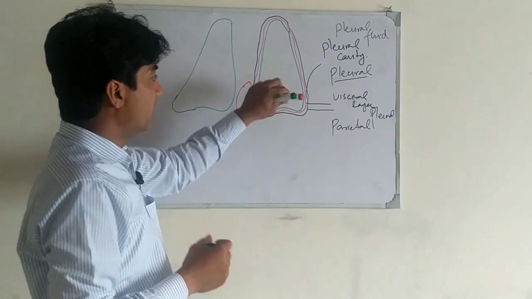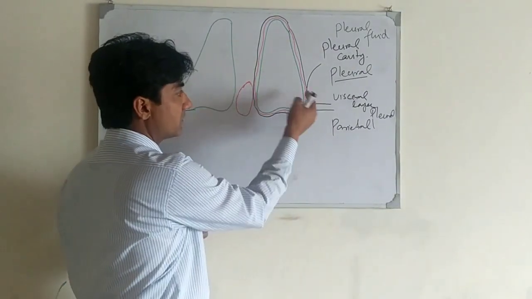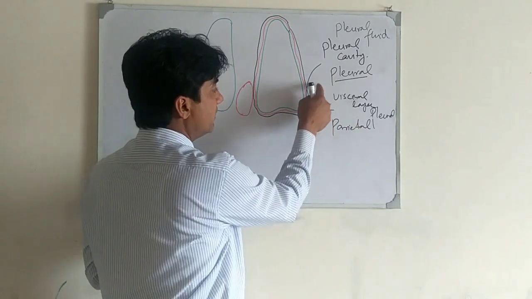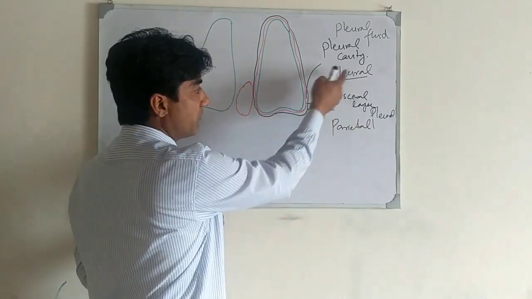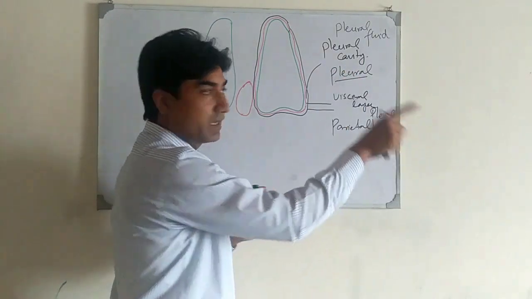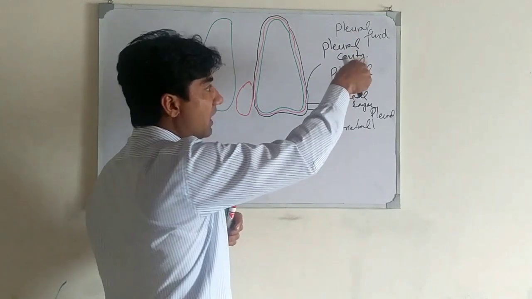Two membranes cover the lungs, visceral and parietal, and between them there is a space called the pleural cavity, with a fluid to lubricate it called pleural fluid.